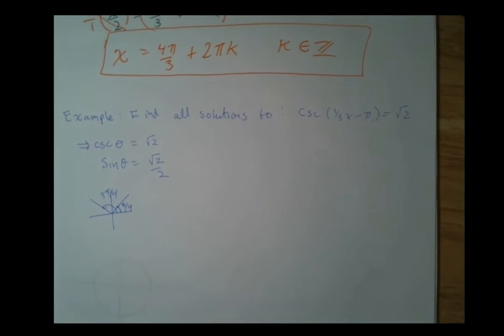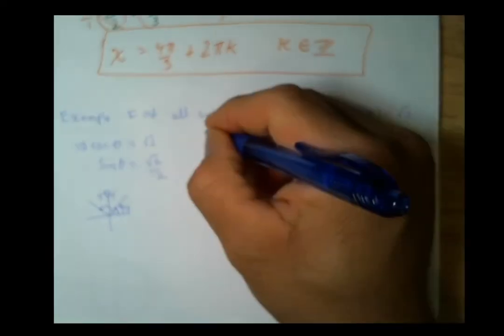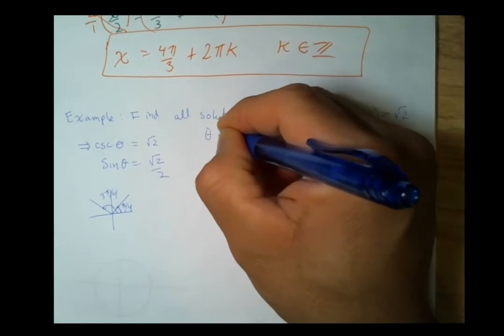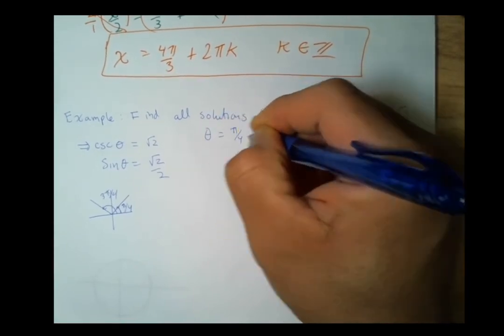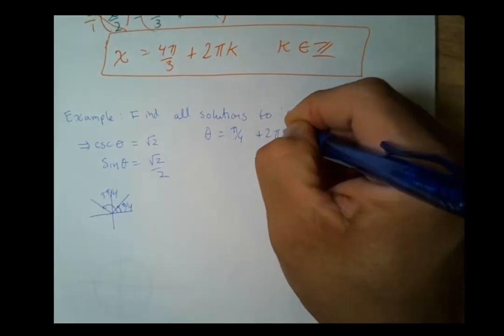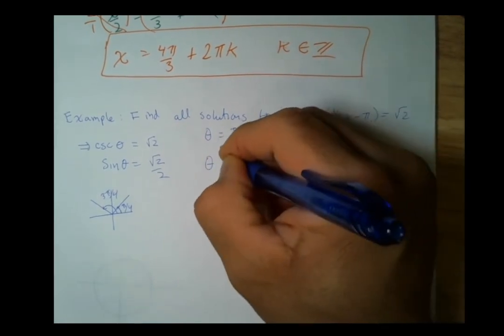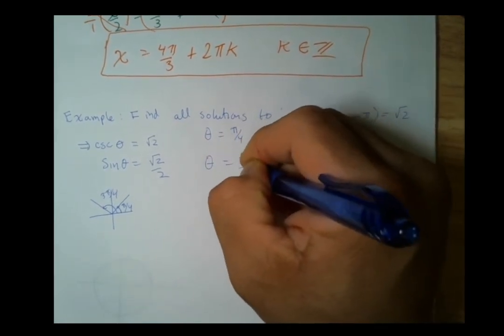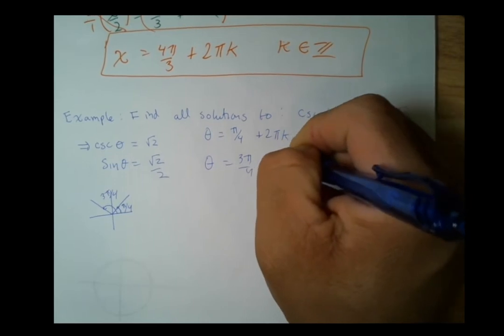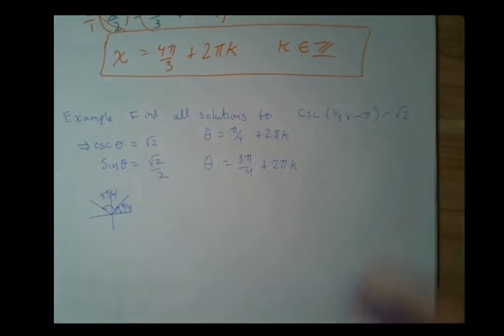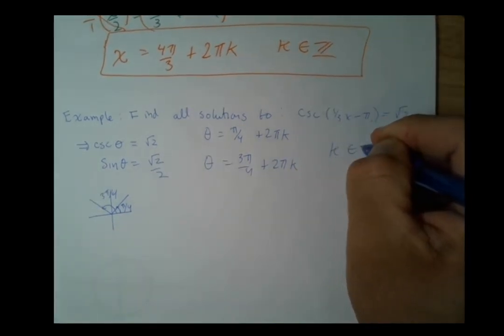Okay? All right. So here we'll have our two equations. We got theta is equal to pi over 4 plus 2 pi k, and theta equals 3 pi over 4 plus 2 pi k, where k is an integer.